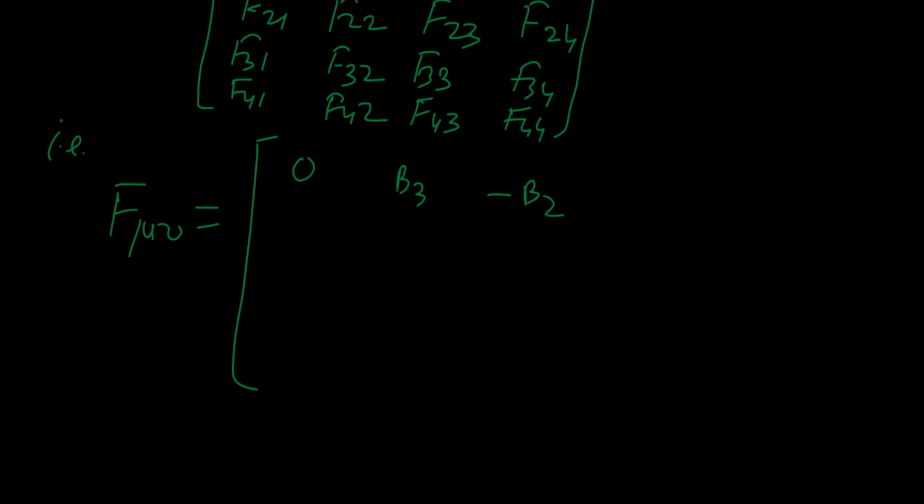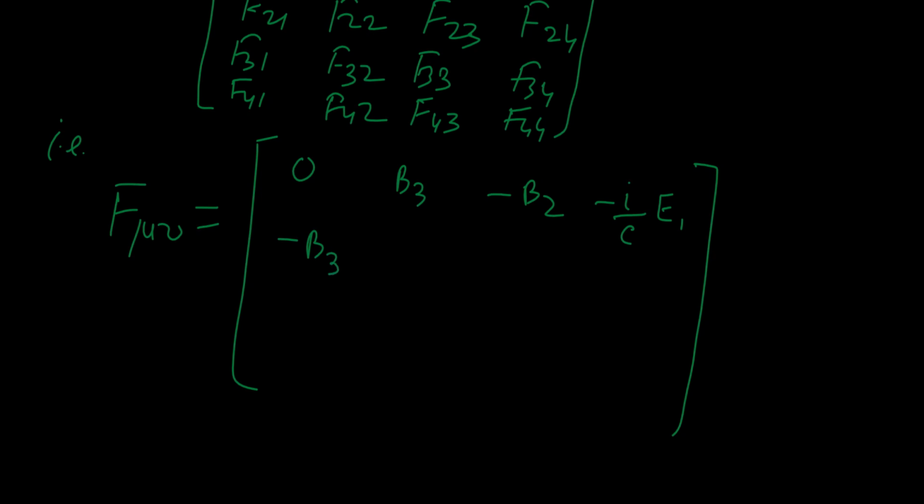And F14, see above, F41 is i over c into E1. So F14 will be what? That will be simply the negative of that value, and so that is minus i over c E1. Again F21, see above, F12 is B3, and so F21 will be minus B3.